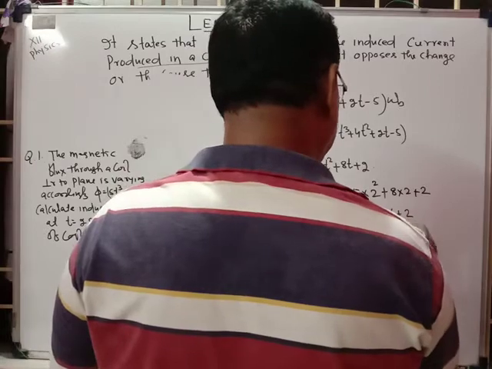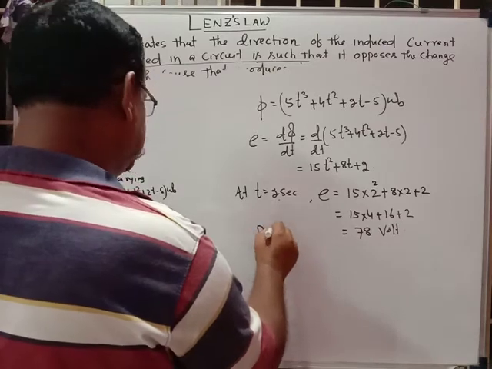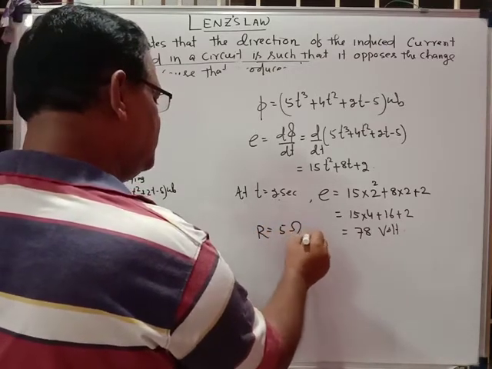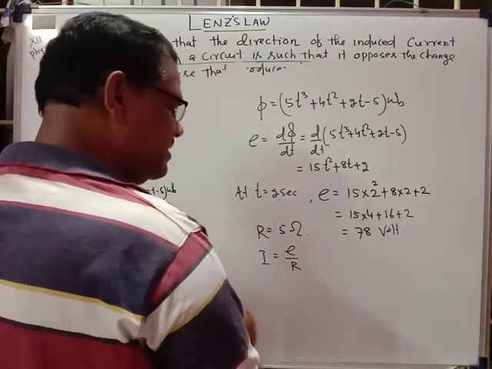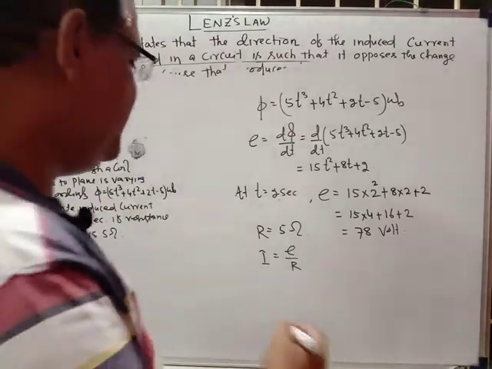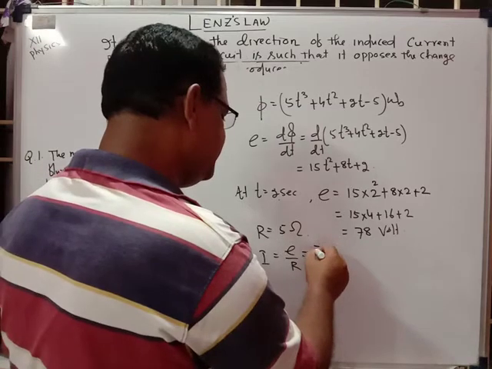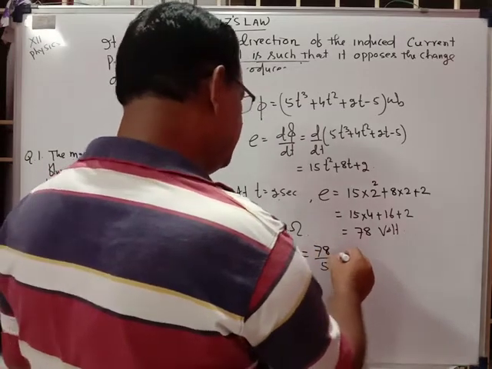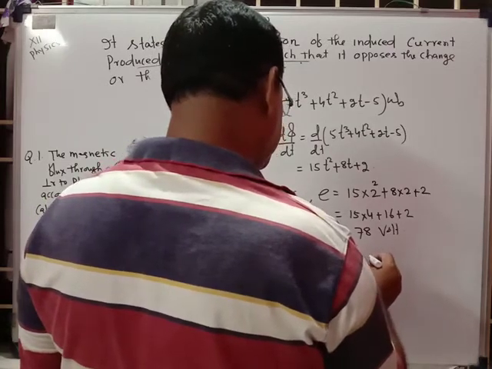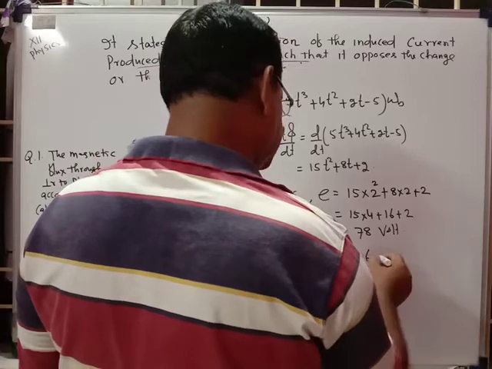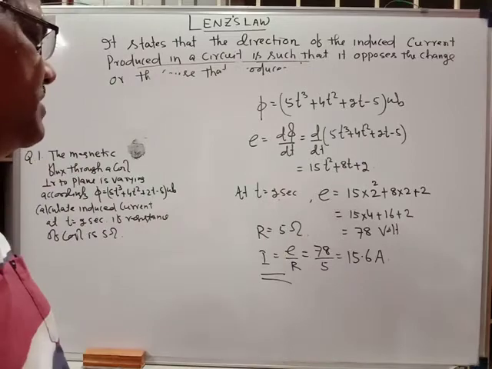The induced EMF produced is 78 volt, and the resistance of the coil is given as 5 ohm. So the induced current, from Ohm's law V equal to IR, is I equal to E upon R, which is 78 upon 5, equal to 15.6 ampere. So the induced current produced in the circuit is 15.6 ampere.